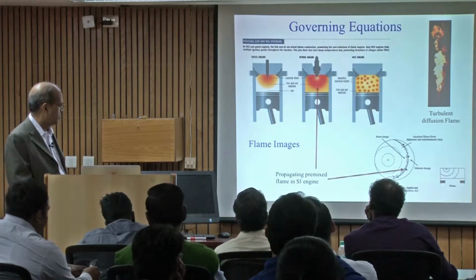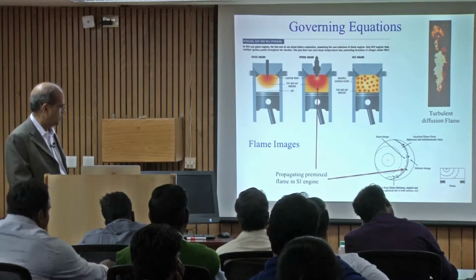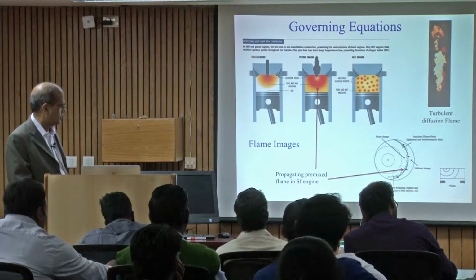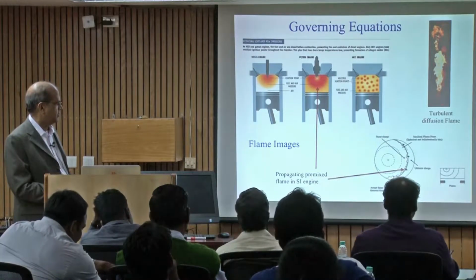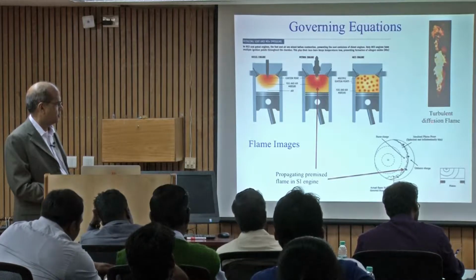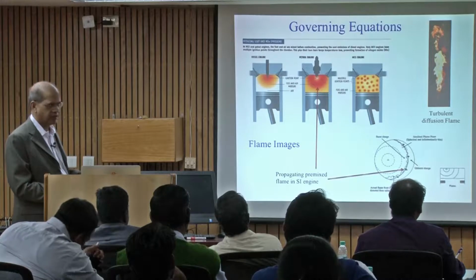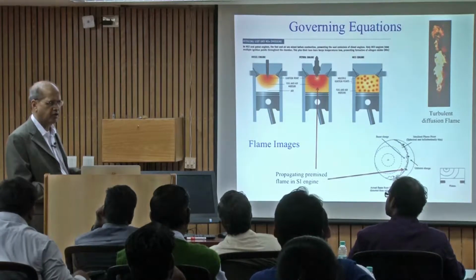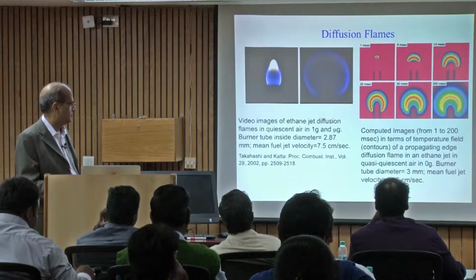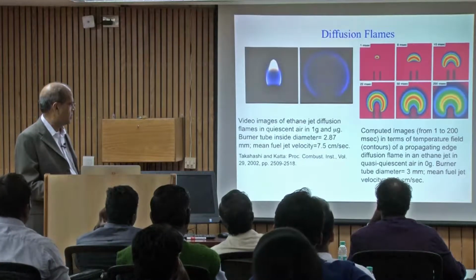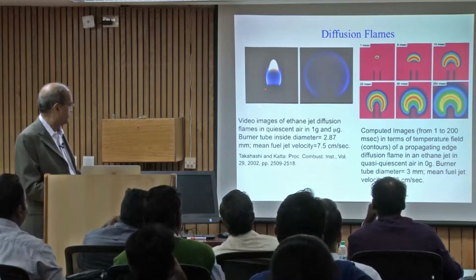This is just showing the propagating flame, ignited here, then the flame propagates in the reacting mixture. This is just an image of a turbulent diffusion flame. So you can get a lot of these pictures or images online. There are tons of images these days. This I showed earlier, an image of a diffusion flame.